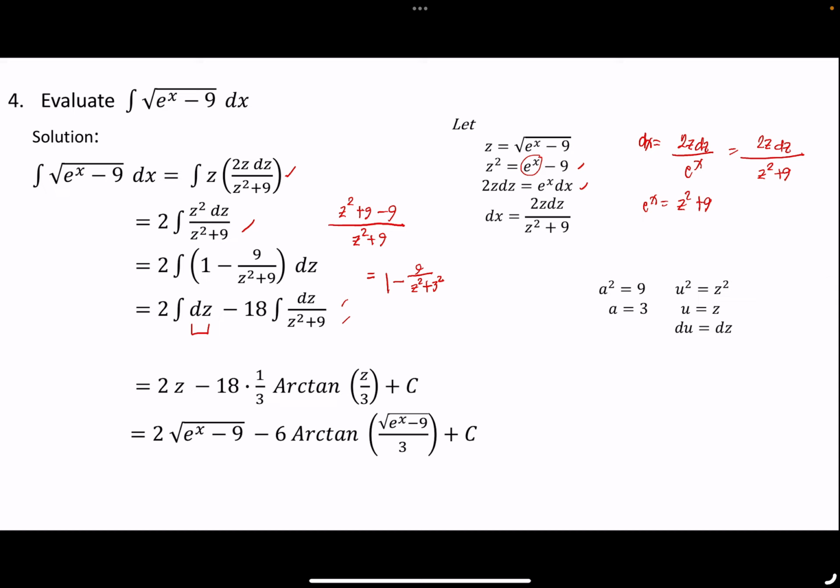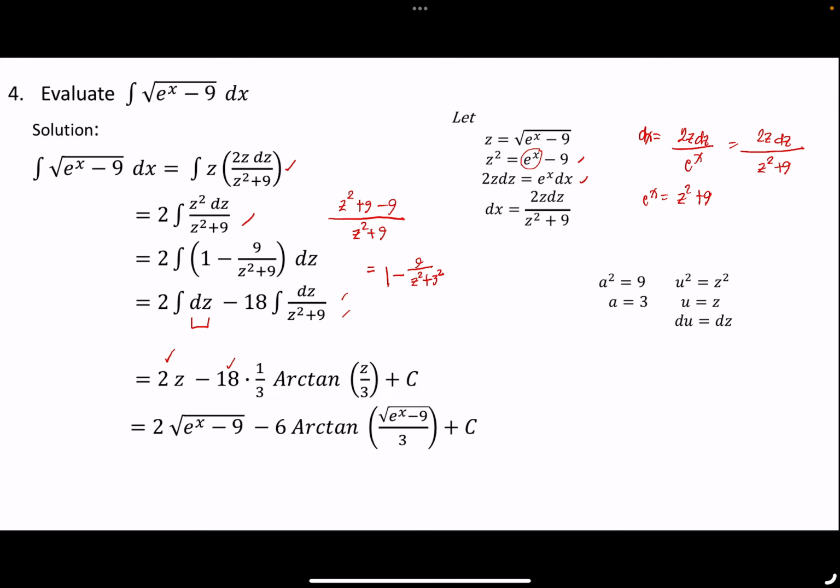So 2 dz would have an integral 2z, and then factoring out 18, the integral of du over u squared plus a squared is equal to 1 over a arctangent of u over a plus c. For this problem, you have u is equal to z and your a is 3. So we have 1 over 3 arctangent of z over 3 plus c.